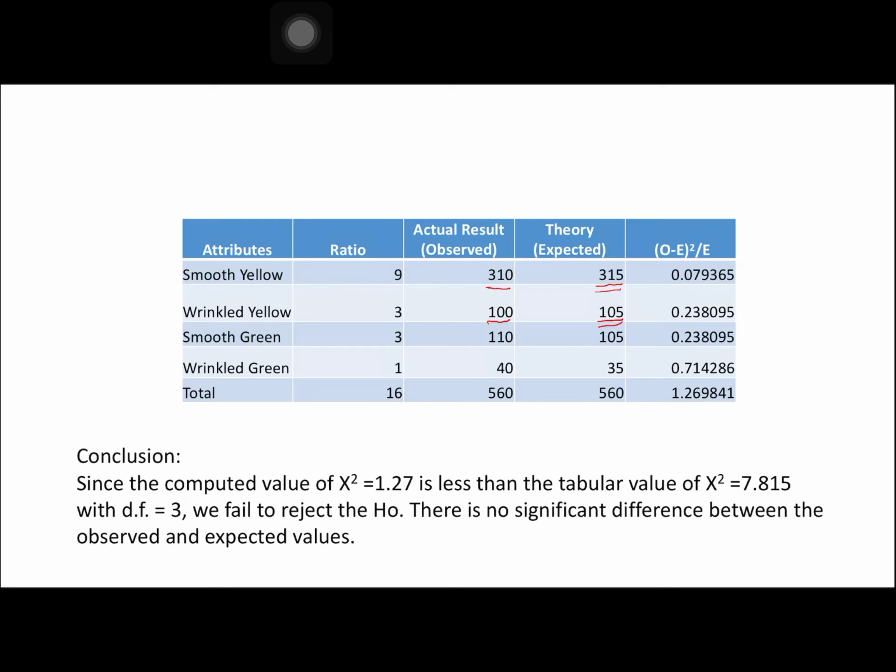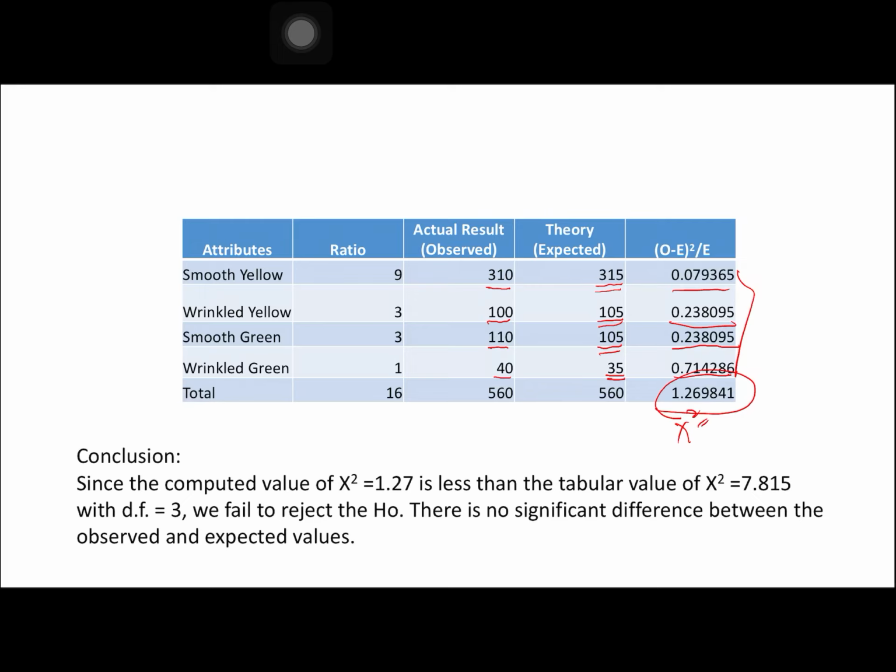For the smooth green, we have 110 minus 105 squared divided by 105, that is 0.238095. And then for the wrinkled green, we have 40 minus 35 squared divided by 35. We have 0.714286. Then, we get the total of this, that is 1.269841. This is our computed value of chi-square.